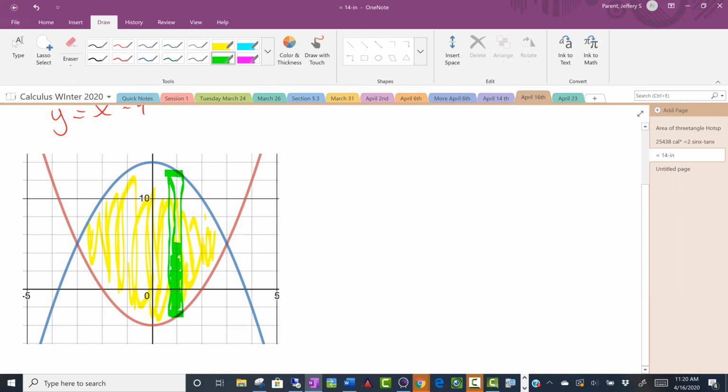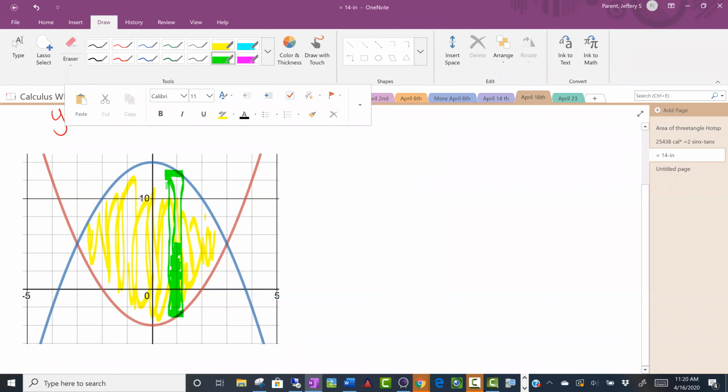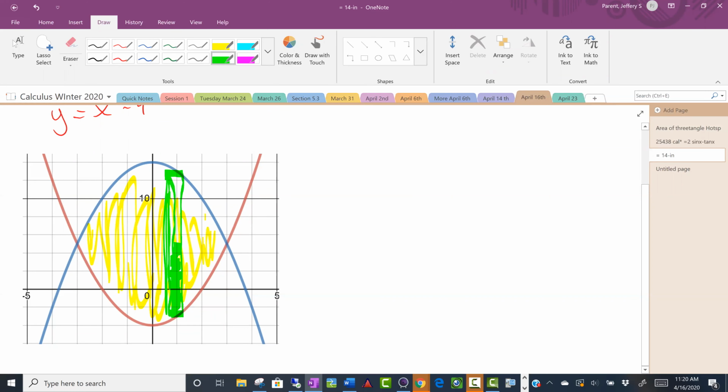Let's see. I want to find the area of this rectangle. The area of a rectangle is a pretty easy figure to work with. Area is going to be the height times the width.